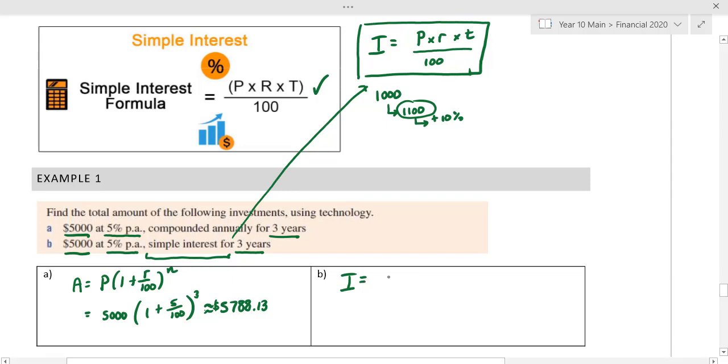So the principal is 5,000, times the rate, which is 5%, and the time is 3 years, and we're dividing that by 100. I reckon we could do that without a calculator, because 5 times 5 is 25, so that's 75,000 divided by 100. We could cancel out those 2 zeros, and what we're left with is $750.